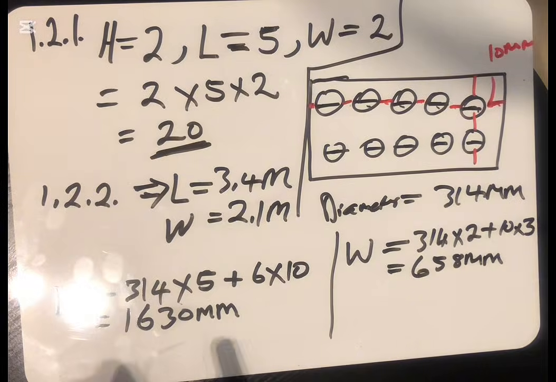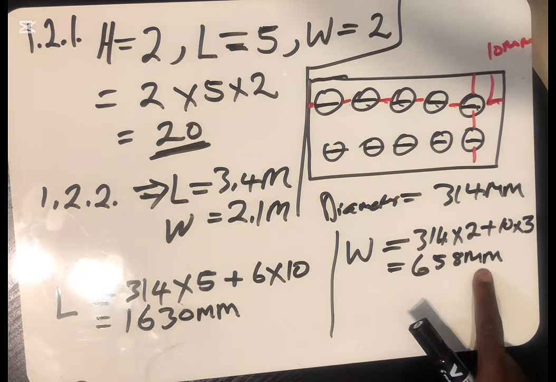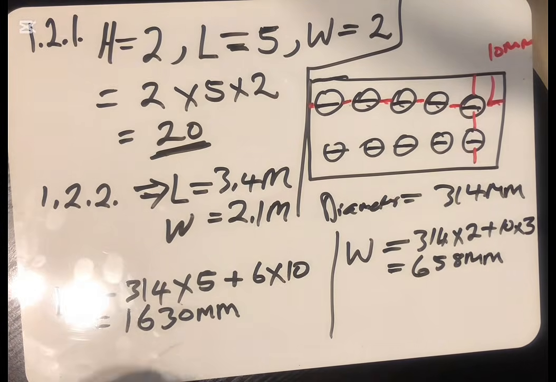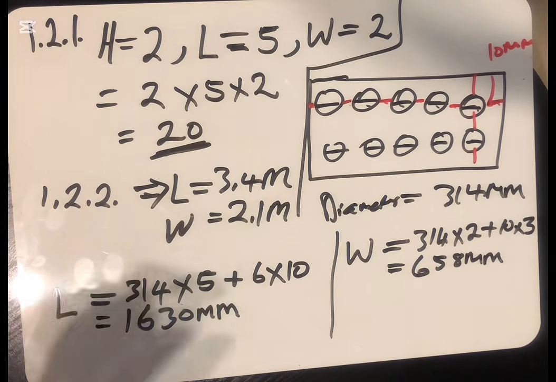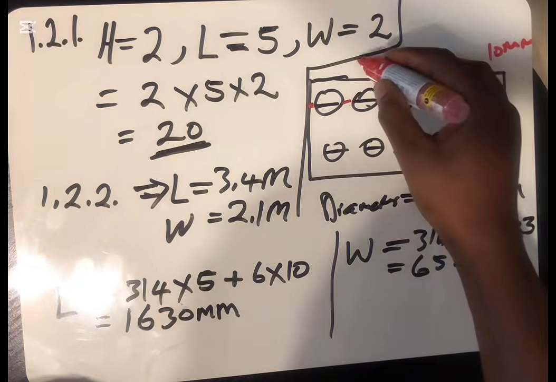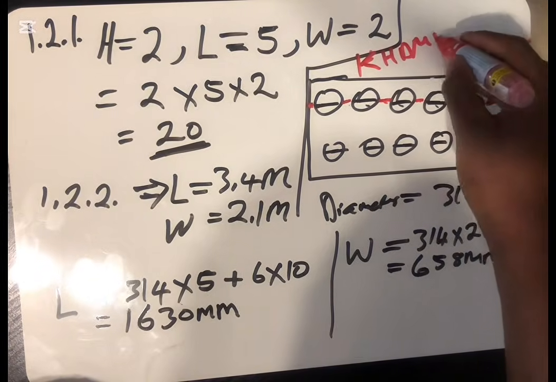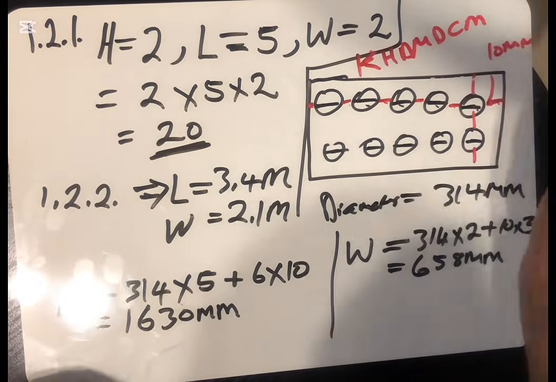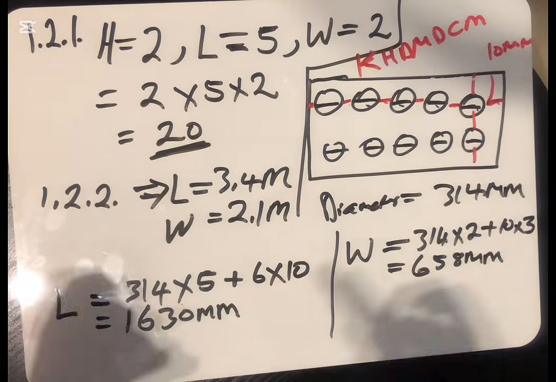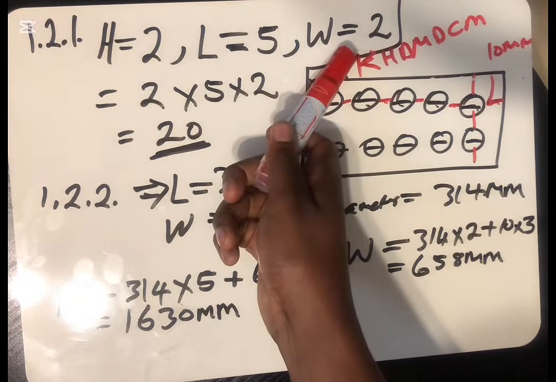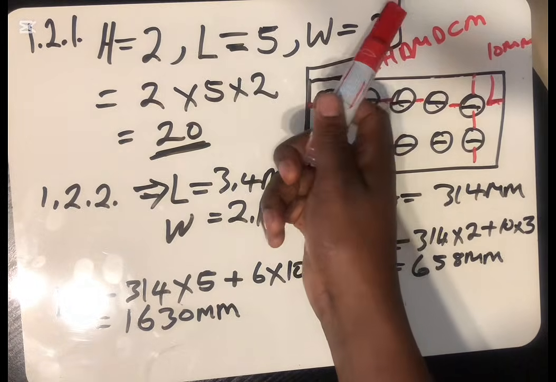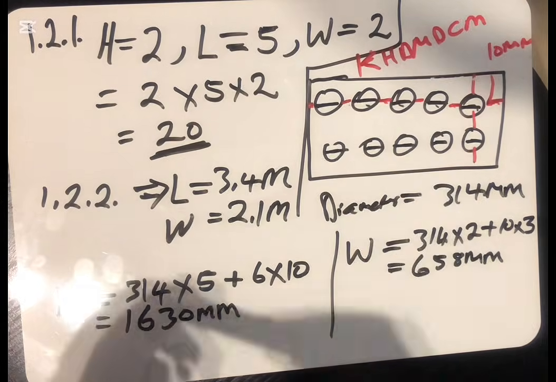Then we have different units, millimeters and meters. We must convert to the same units. I'm always reminding you to convert to the same units. If you don't know how to convert, you must always go back to King Harry. King Harry died a miserable death called malaria. It's very simple. K stands for kilometers, meters, centimeters, and millimeters.